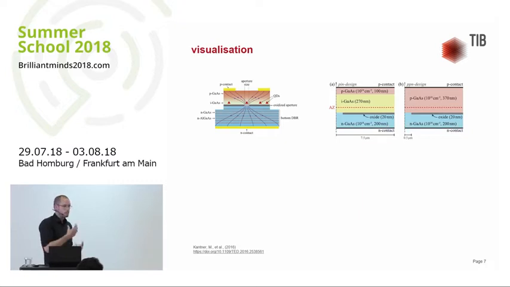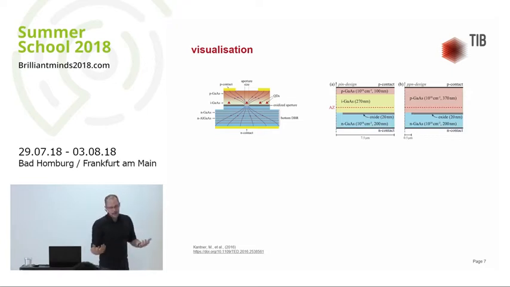I worked together with a colleague from the Weierstrass Institute in Berlin. He's a mathematician and a physicist, and they published this paper in 2016. You don't have to understand the details; I don't understand the details either.